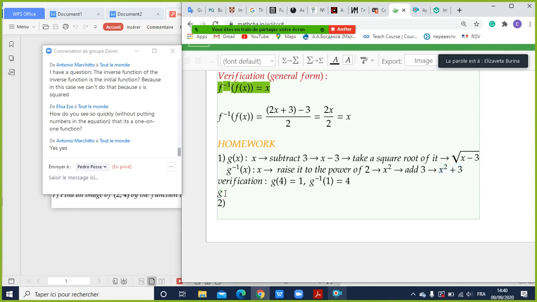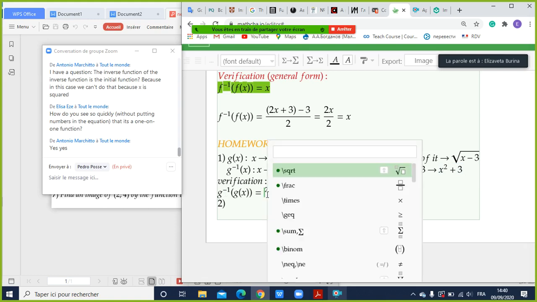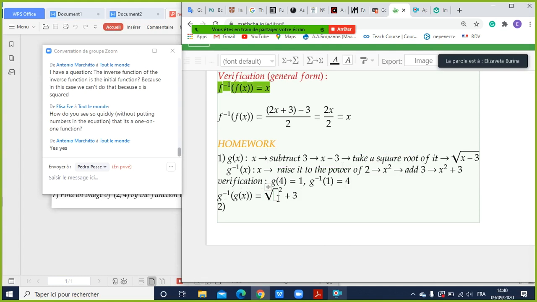So g to the power of minus 1 of g of x equals, so that is the inverse, and here instead of just x, what we're gonna put is square root of x minus 3.